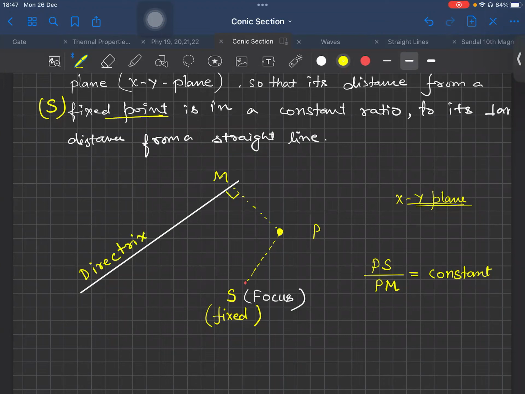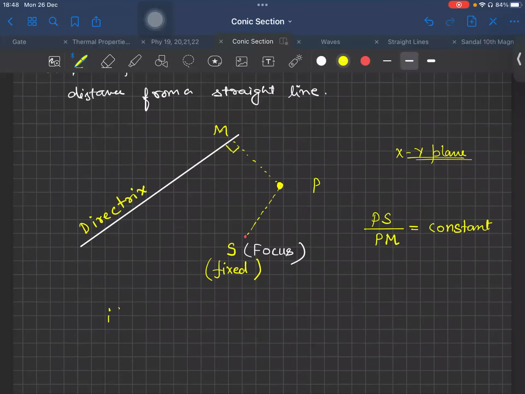This straight line is called directrix, and this fixed point is called focus. Now it depends how P moves. Okay, if PS upon PM is equal to 1, okay, then what is it called? Anyone? It is called parabola.